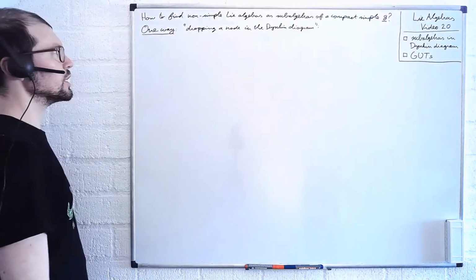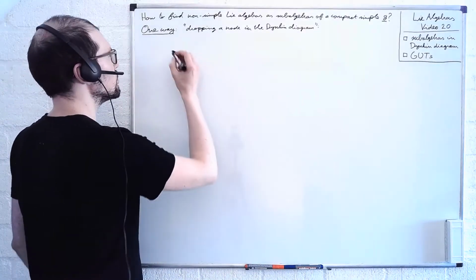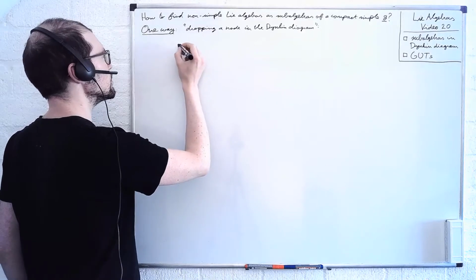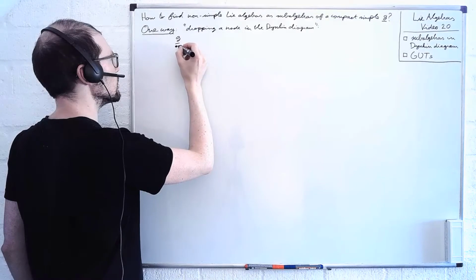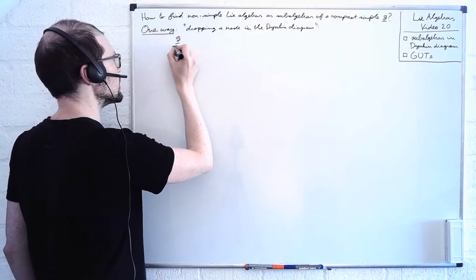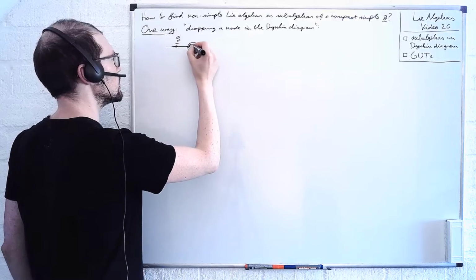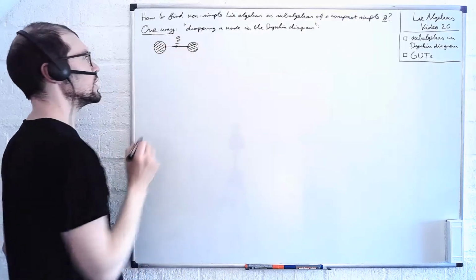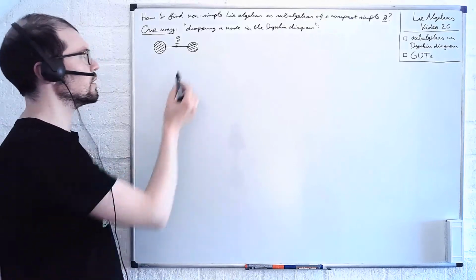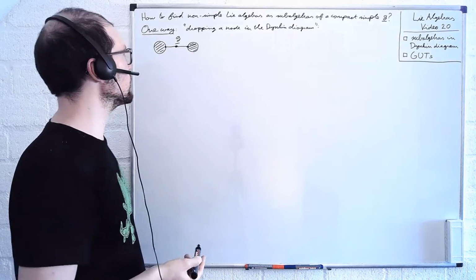So what do I mean by this? Let's consider a general Dynkin diagram of G of the following form. It has some node here, and perhaps it has two neighboring single lines, and then arbitrary large parts of the diagram on the left and right side.